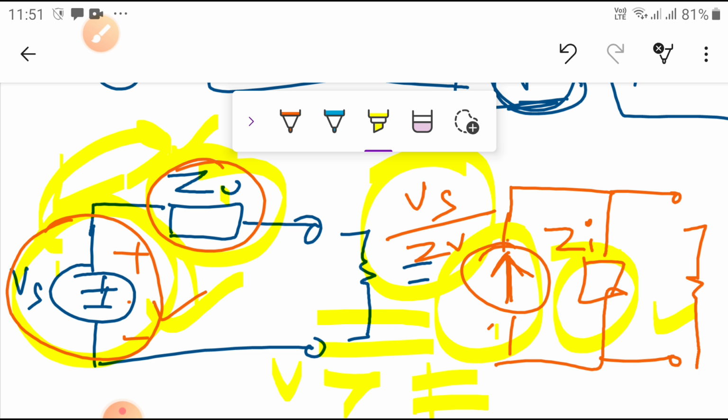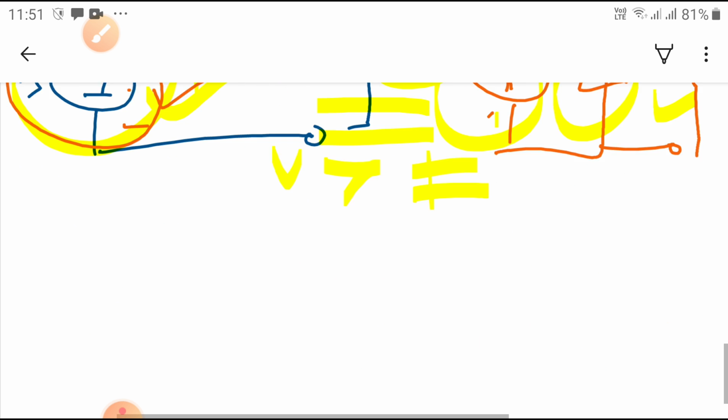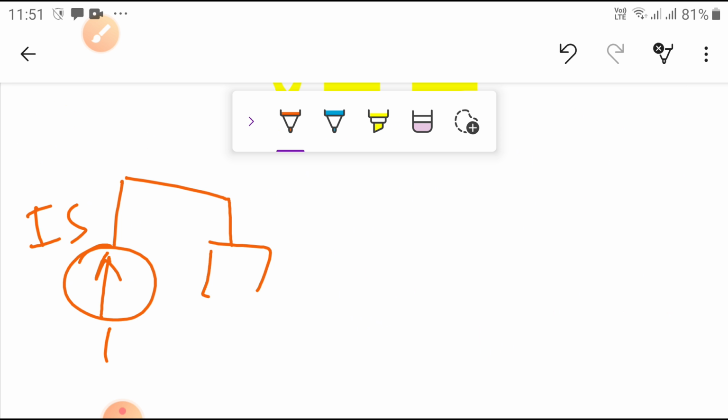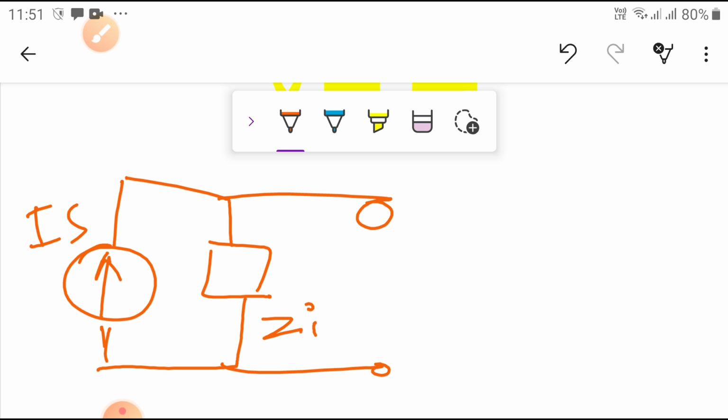Now let us see how the current source is converted. For example, there is a current source. This value is equal to Is. As we know there is a parallel internal resistance, that should be Zi. Now we are going to convert this.